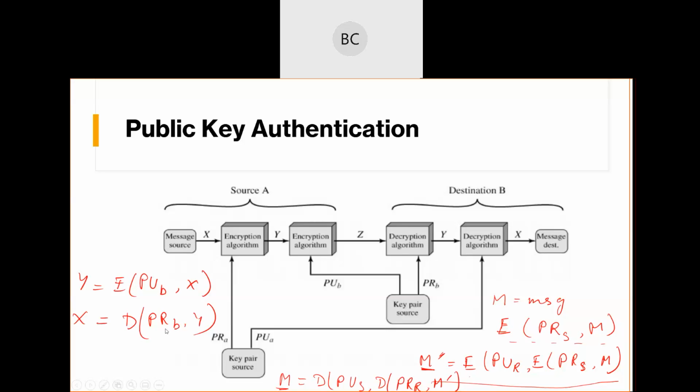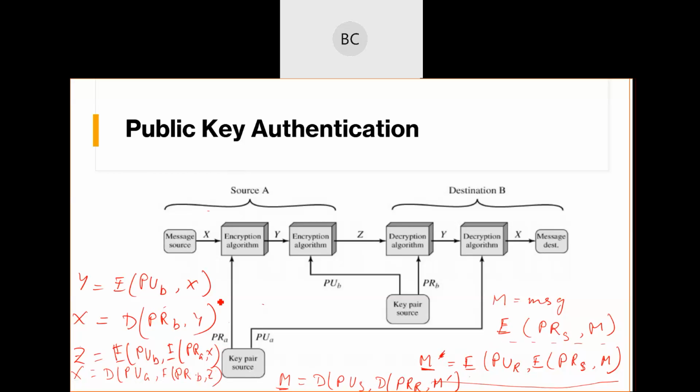So finally, Z, what is this Z? Z is the encryption of the private key of A and X, then the public key of B. And again, when you decrypt it, when you need to get the plaintext, the final will be PUA, the private key of B and Z. This is the general form.